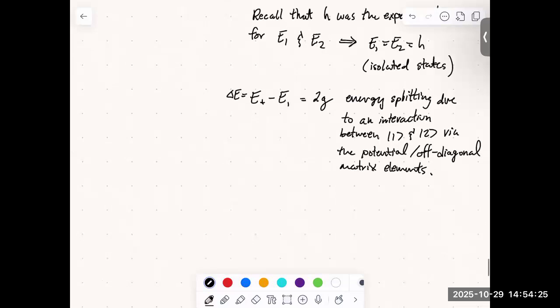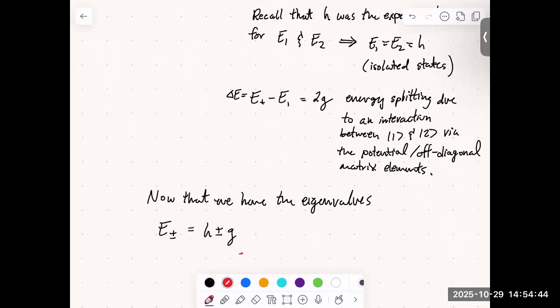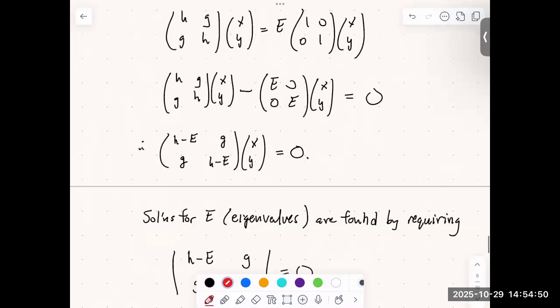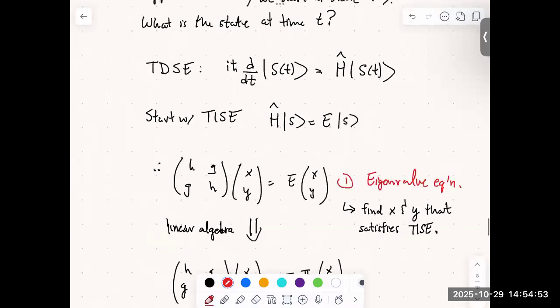So now that we have the eigenvalues, E plus minus is equal to H plus minus G. What we can do is, did I write down equation 1? Yeah, I did. So we have equation 1. I'm going to sub those eigenvalues back into equation 1 for E, and we're going to try to solve for X and Y, the eigenvectors.